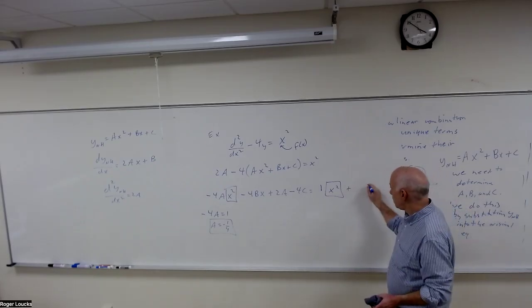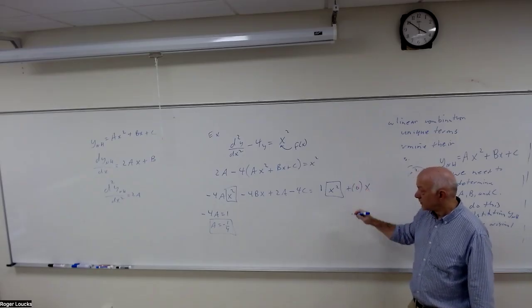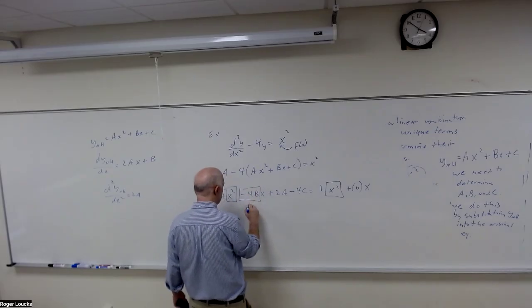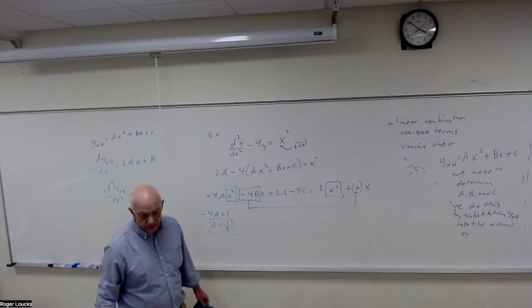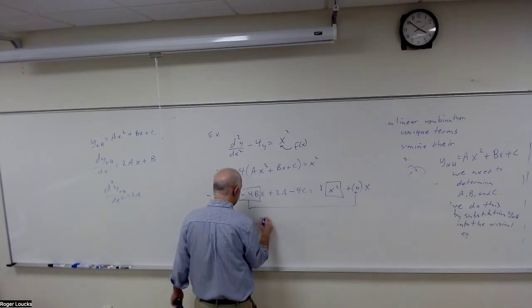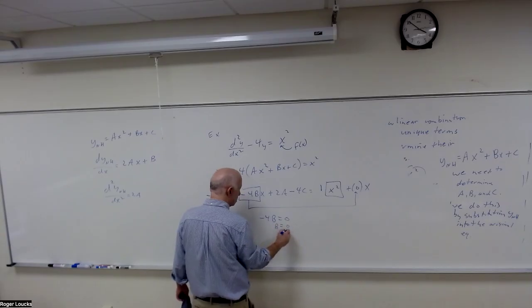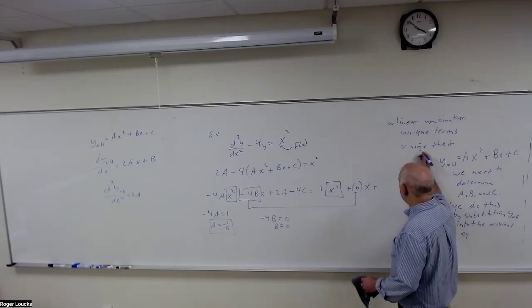Okay, now what's the coefficient in front of x on this side? 0. Now if I look here, this term here is minus 4b, so b is 0. Now what's the coefficient in front of the constant? 0.